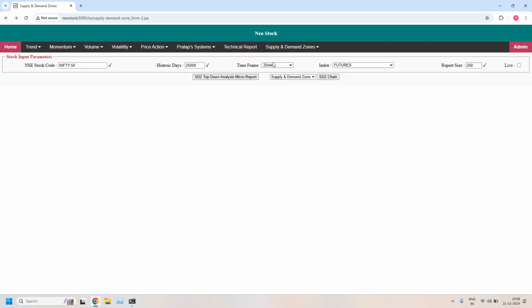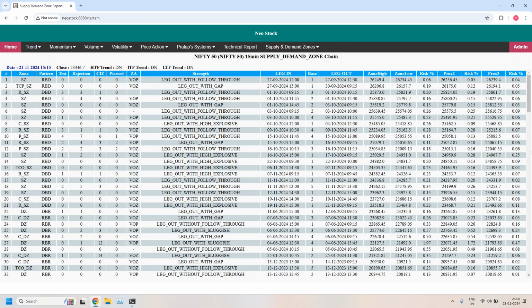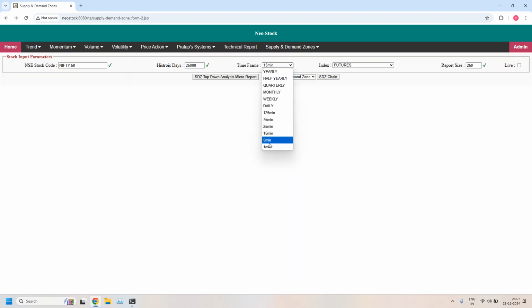Next time frame is 15 minutes. 15 minutes supply demand zone chain for Nifty. Next time frame is 5 minutes. 5 minutes supply demand zone chain for Nifty.